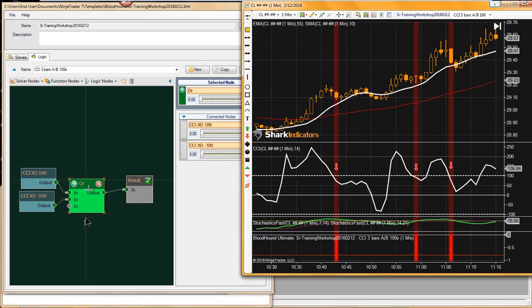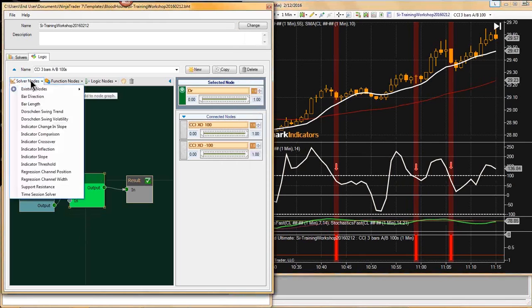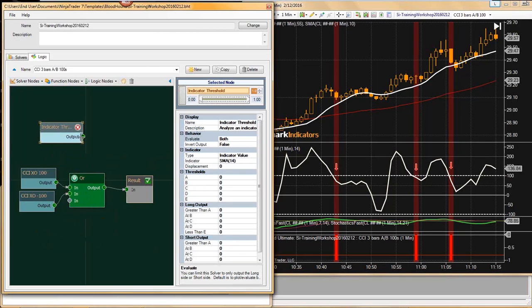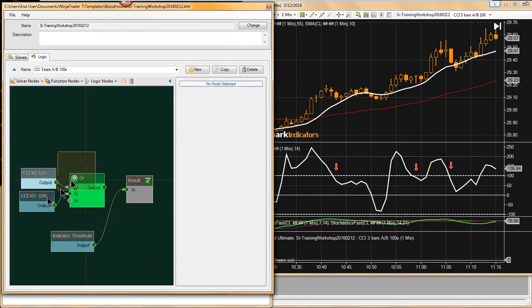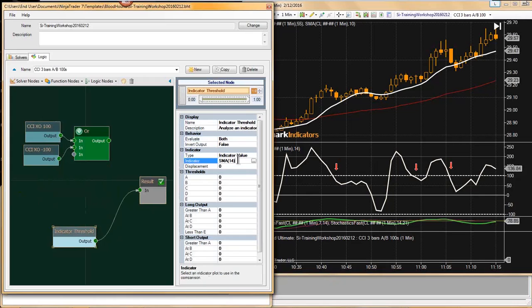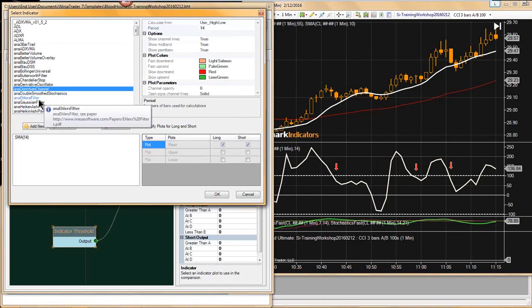So let's see, I'm going to do that with a threshold solver. All right, so let's plug the CCI indicator in here.